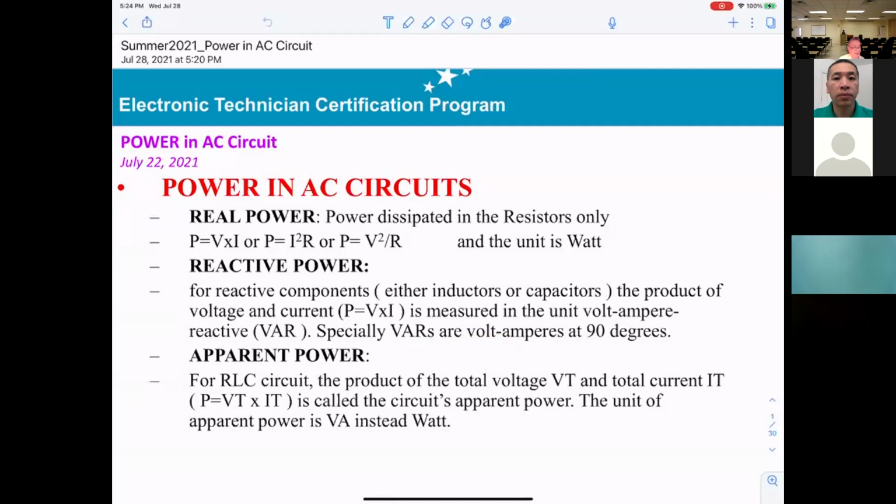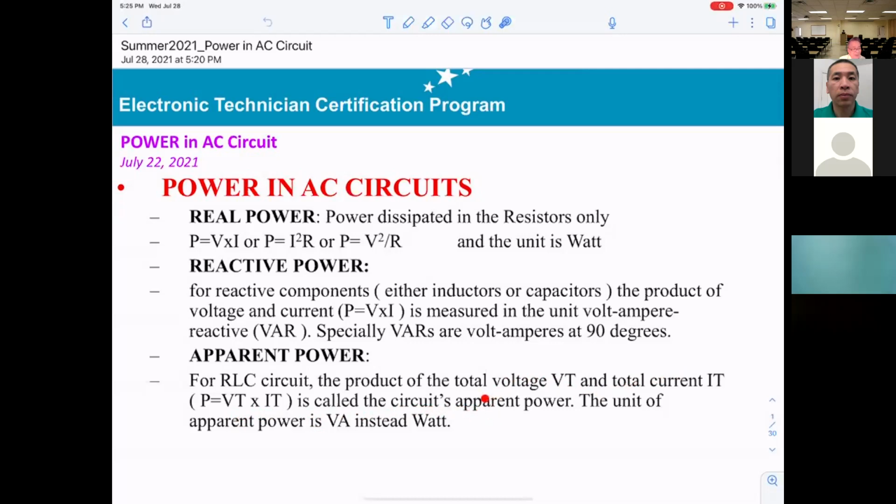Okay? Then now you get another one, apparent power for an RLC circuit. The product of the total voltage and the total current, P equals VT times IT, and we call it apparent power.